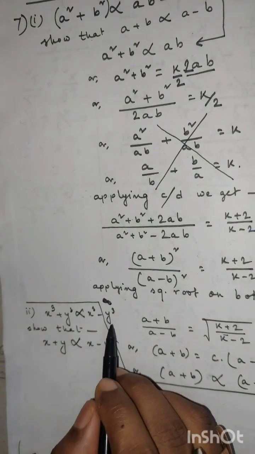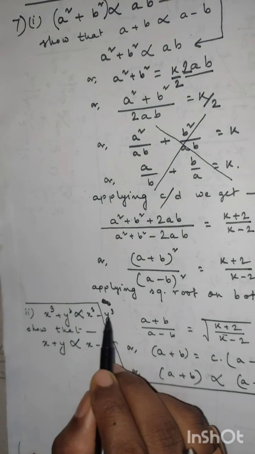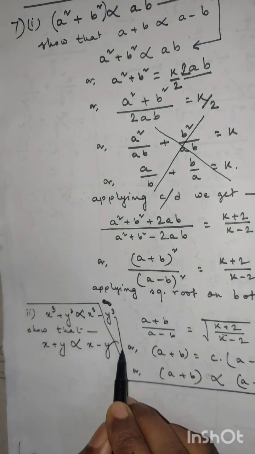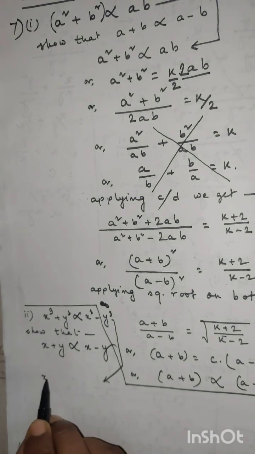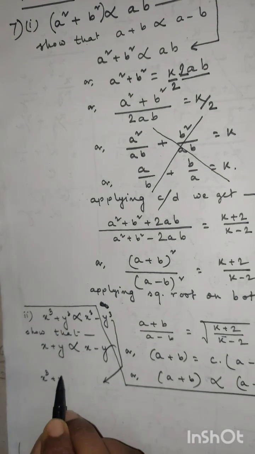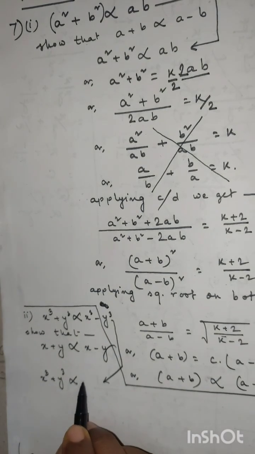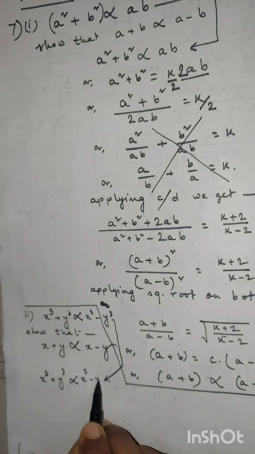Now let us start from this relation, the given relation. Let us write it first: x cube plus y cube is directly related to x cube minus y cube.